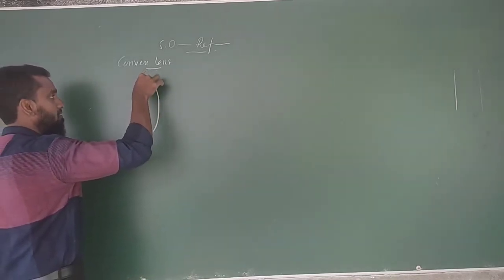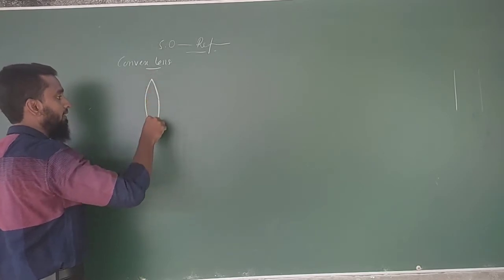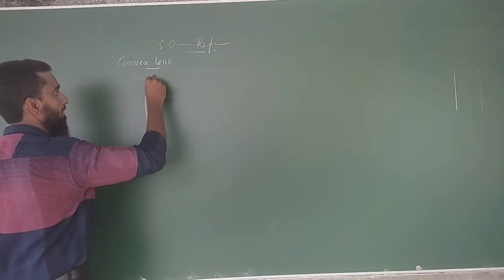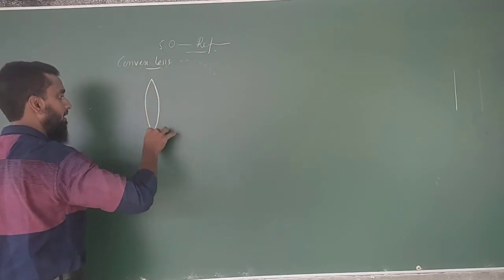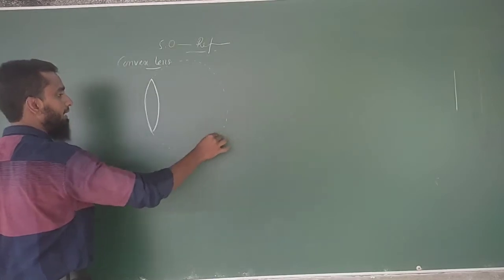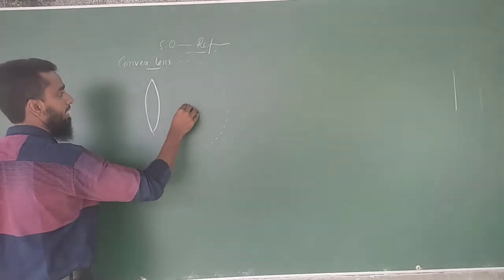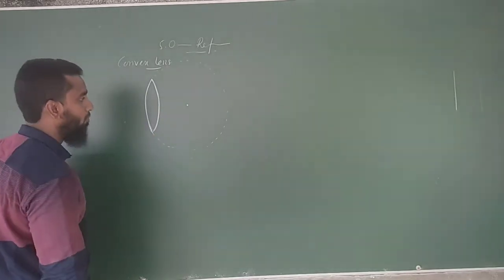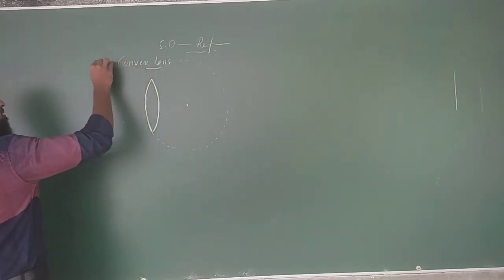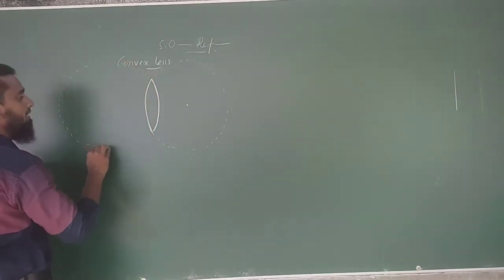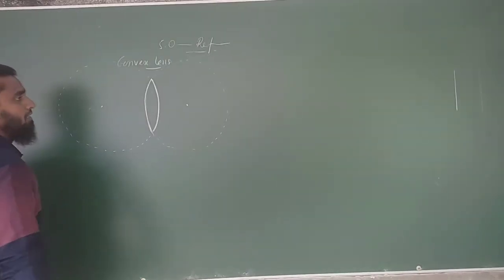Always the convex lens is going to have two dome shapes, two dome sides. If you continue the curve here, then you can complete a circle, and for that circle there is going to be a center. Same as that, if you complete the circle of this other curvature, there also you are going to have a center.